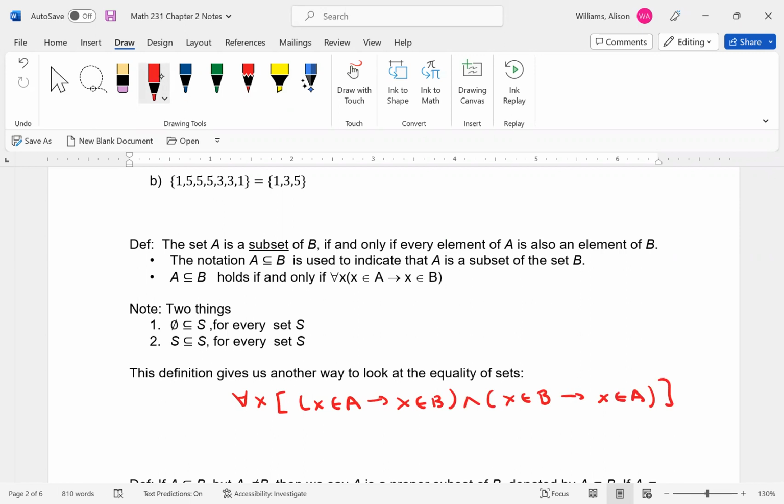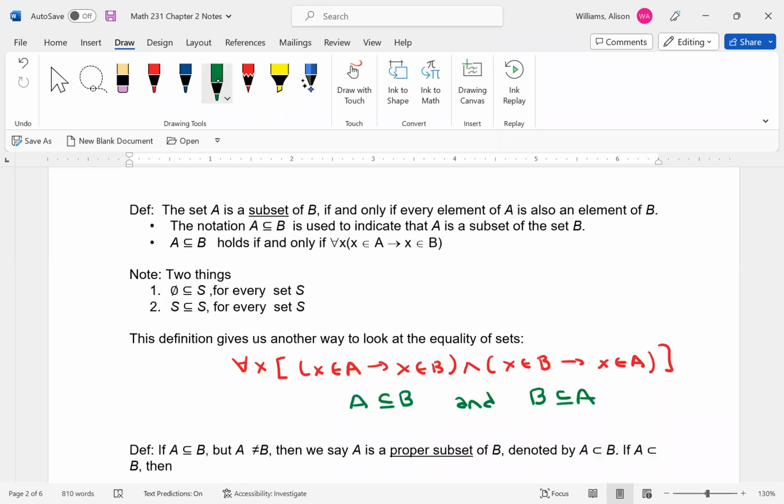Or it's equivalent to saying that A is a subset of B. Oops, sorry, it looks like a C. A is a subset of B, and B is a subset of A. So now that we have this understanding of subsets, we could say that they're subsets of each other. And indicating that they're subsets of each other does indicate equality as well.